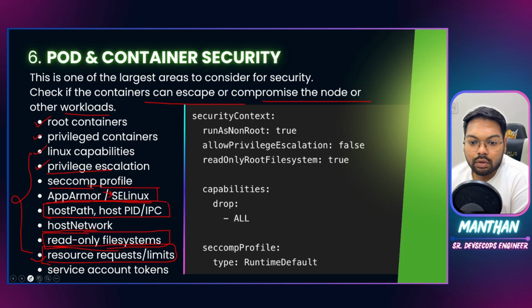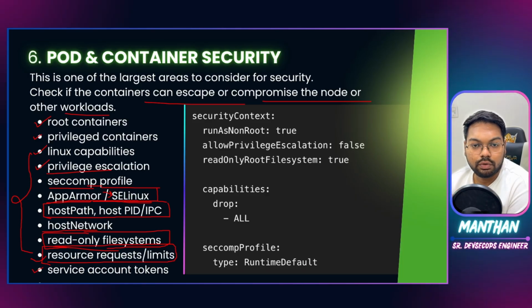Then comes service account tokens that are associated with your pods. A service account is what we generally use for authentication of pods to different services. Let's say I want my pod to have access to an S3 bucket somewhere in the same account or in another account. I need to create a policy, and that policy is attached to a service account, and then that service account is consumed by the pod.